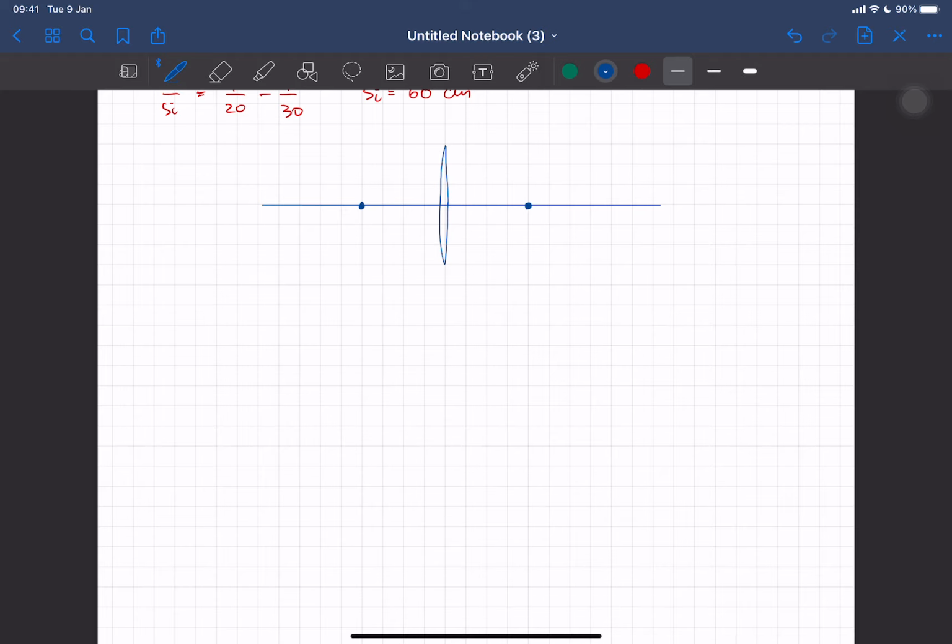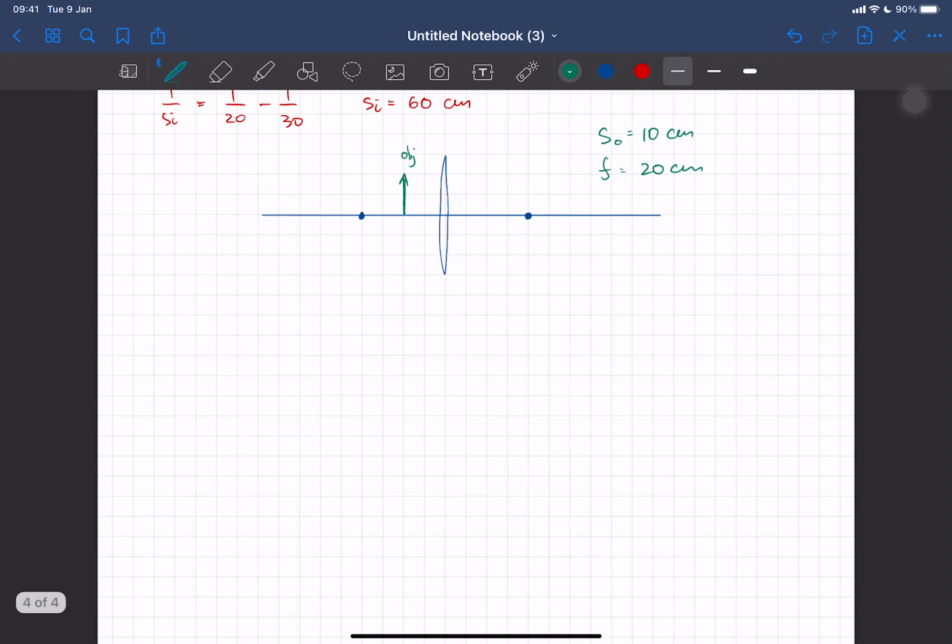And we're going to put the object now at 10 centimeters, which is here. So SO is now 10 centimeters. F is still 20 centimeters. Okay, so let's see what do we have here.